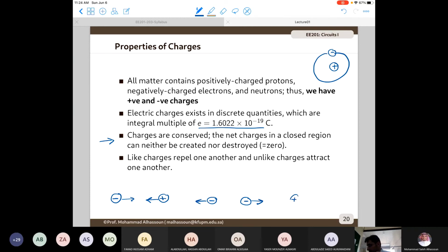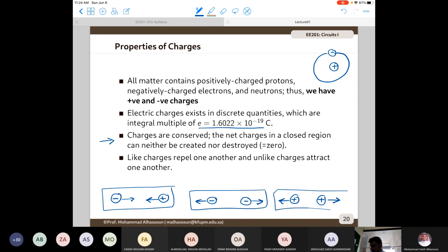If we have a positive charge and a positive charge, they will repel each other. So the force between like charges is a repulsive force. The force between unlike charges is an attractive force. So any question?